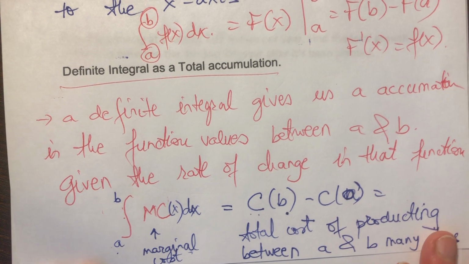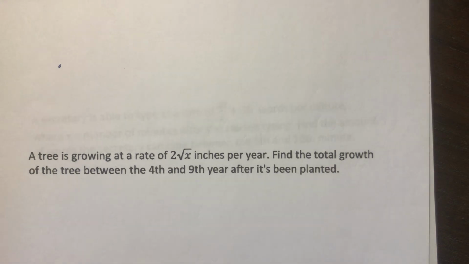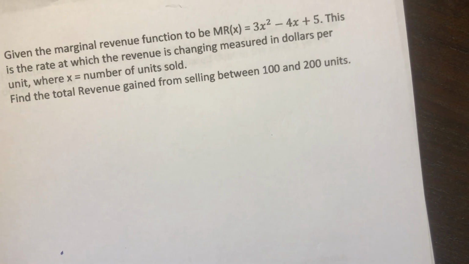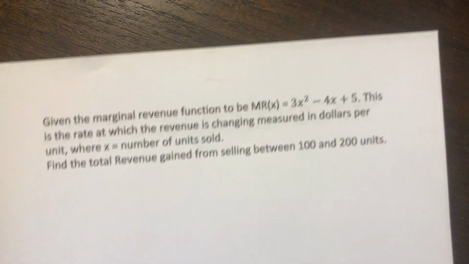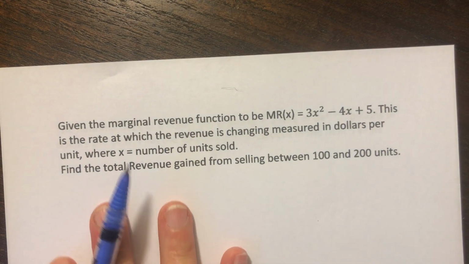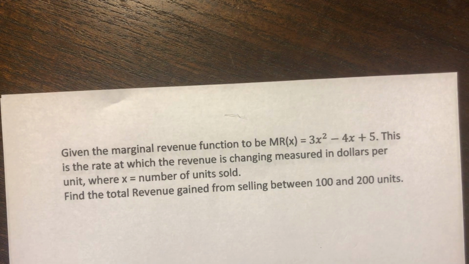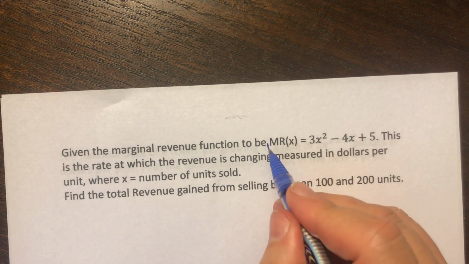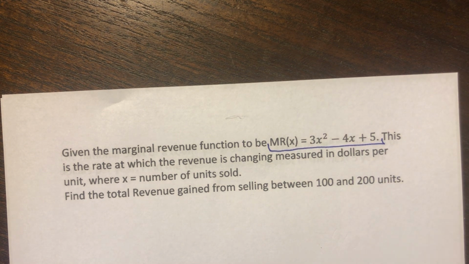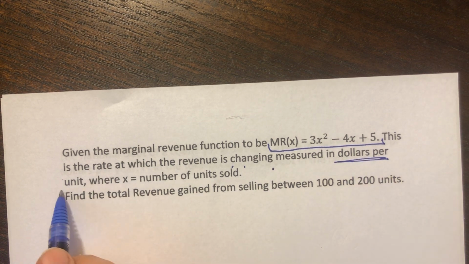And here's the problem. Let's just do that right away. Okay, so here it is. Fine, I'm talking about marginal revenue, marginal cost, doesn't matter. So let's just change it a bit and look at the marginal revenue. So it says, given the marginal revenue function to be this, in other words, this is the rate at which the revenue is changing, measured in dollars per unit, where X is the number of units sold.